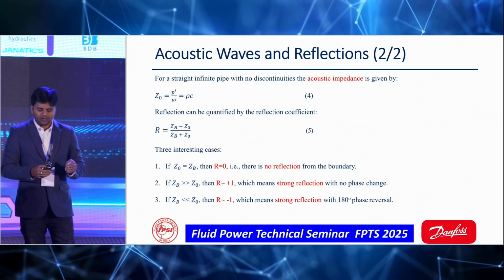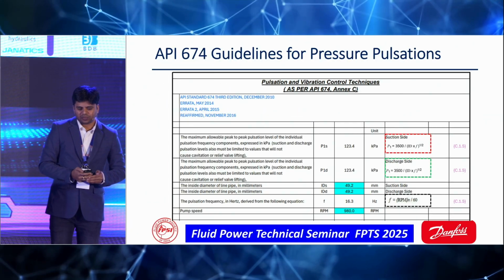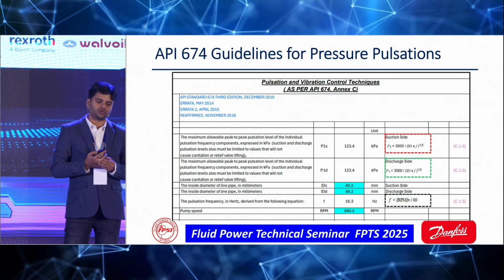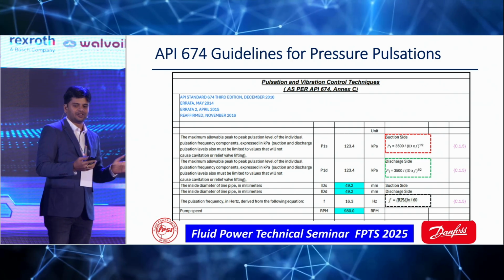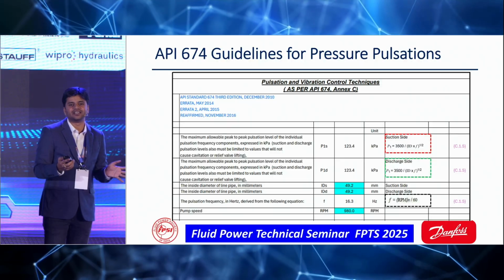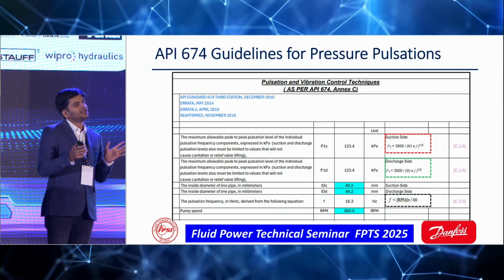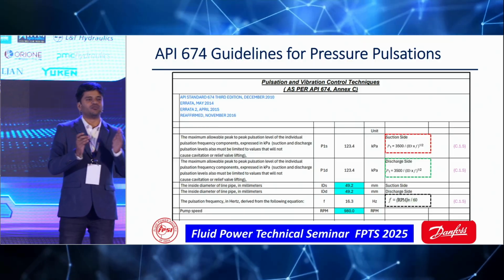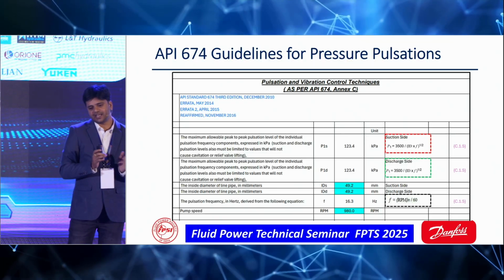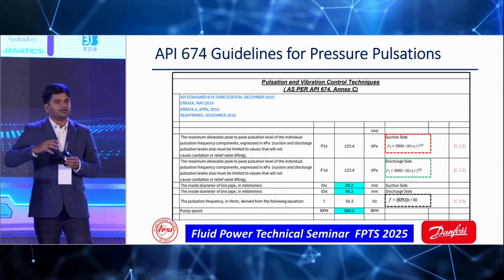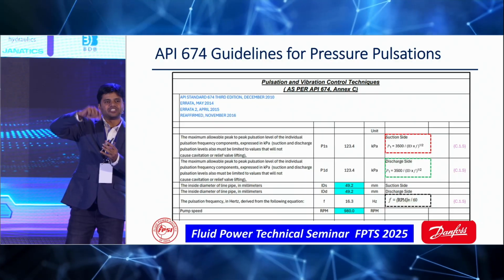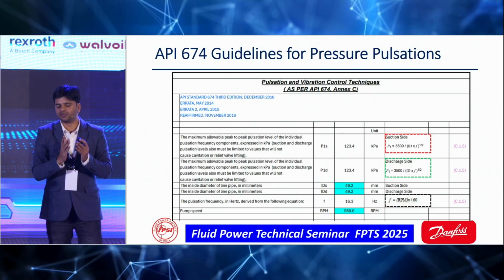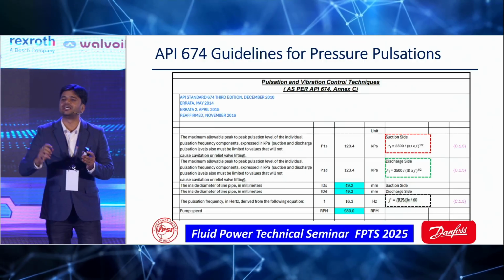So if you don't mitigate this kind of pressure pulsation in a hydraulic system, what exactly happens? That is the resonance I talked about. But the API 674 guideline says that if you want to use this kind of axial piston pump in a hydraulic system, you have to follow some limits. It says there are two conditions. The peak-to-peak maximum pressure variation of a pump at each frequency component should not cause cavitation.